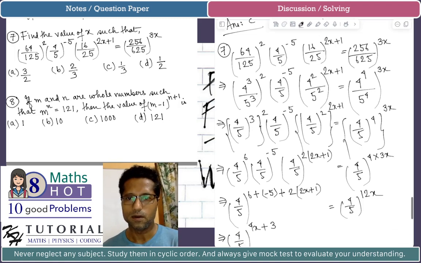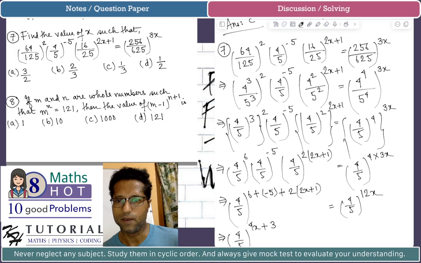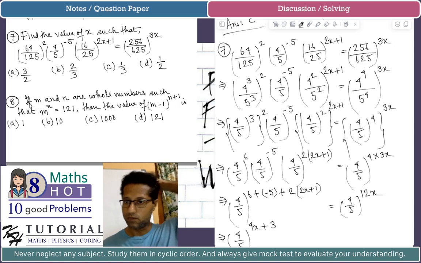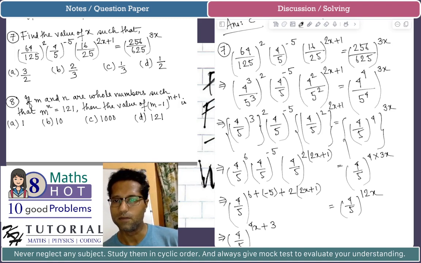Now we get (4/5) whole cube, and that again raised to the power 2, and we have (4/5) raised to the power minus 5, and (4/5) square whole raised to the power 2x plus 1 equals (4/5) raised to the power 4 whole raised to the power 3x. Now on the left hand side we have (4/5) raised to the power 6 multiplied by (4/5) raised to the power minus 5, and multiplied by (4/5) raised to the power 2 into 2x plus 1.